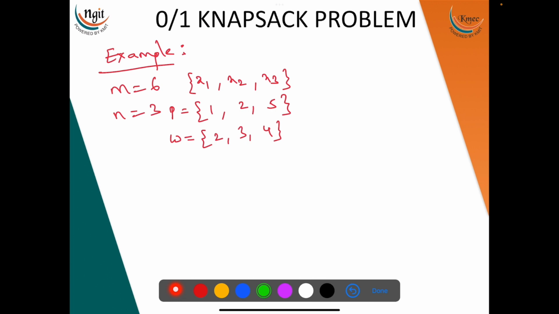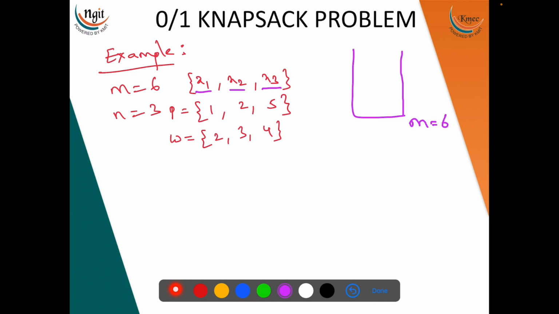Now, we'll take an example to place in the knapsack. The items to place are x1, x2, x3. My knapsack, the bag capacity, is m equal to 6.